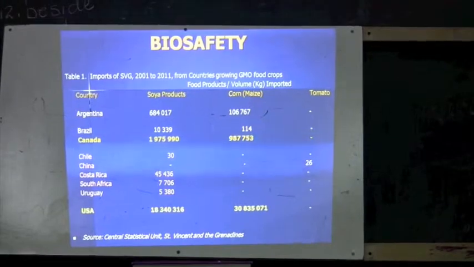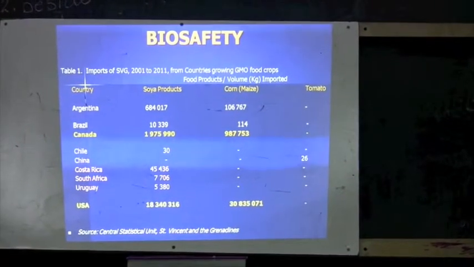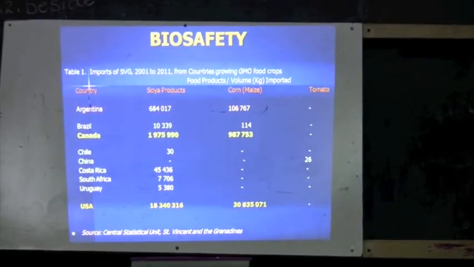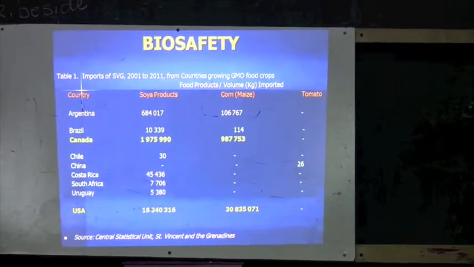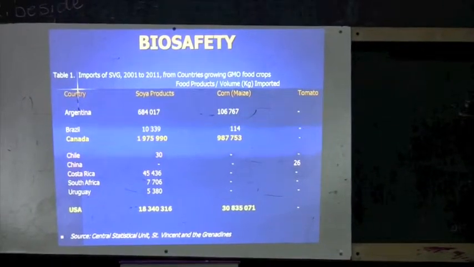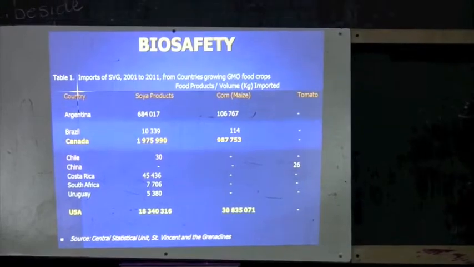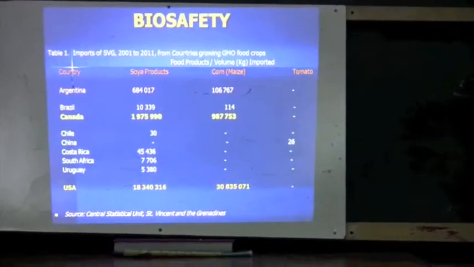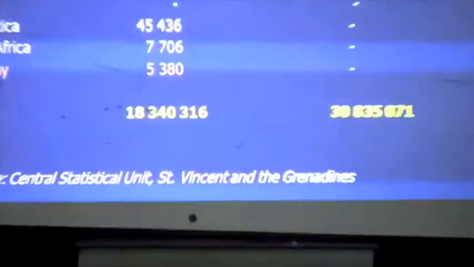And of course, St. Vincent and the Grenadines imports a lot of stuff. As a matter of fact, we have become possibly net importers of food. And most of our soy product and corn are coming from the United States, and these are countries that are involved in biotech plants and biotech crops.